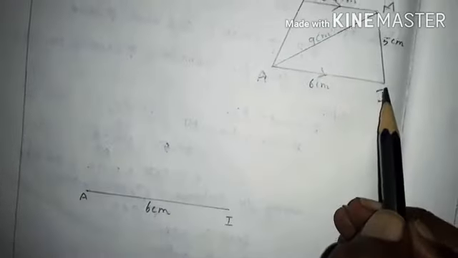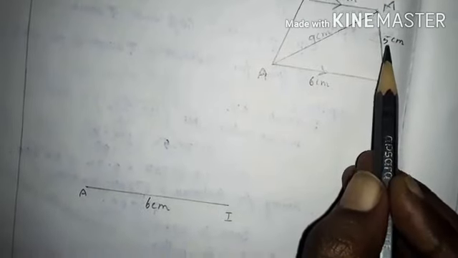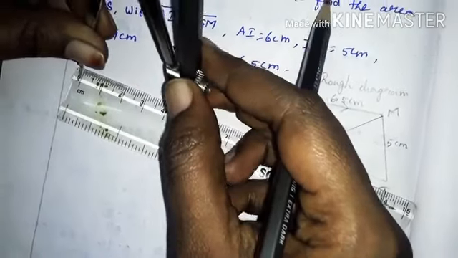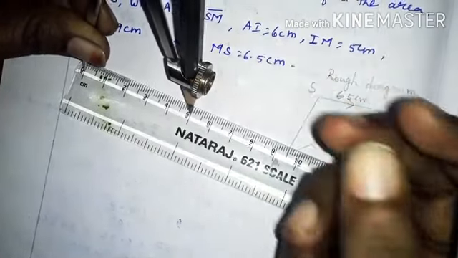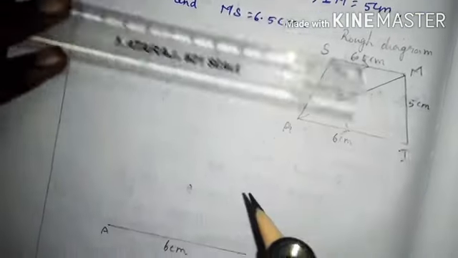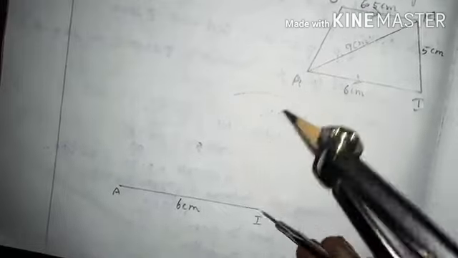After that, you have to draw the next side IM, which is given as 5 cm. So take 5 cm in your compass, keep it at I and cut an arc.